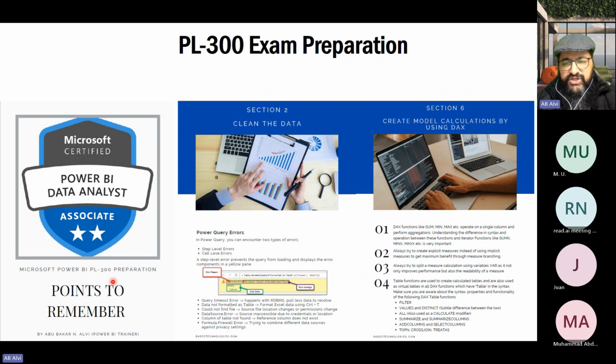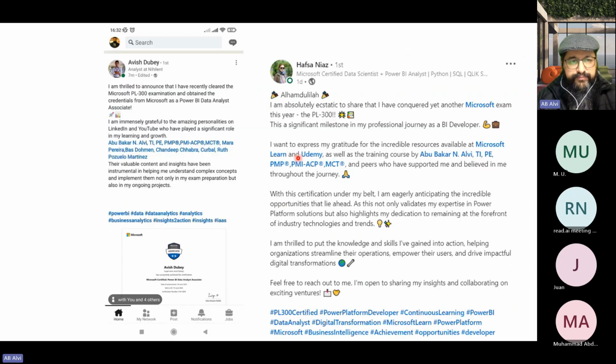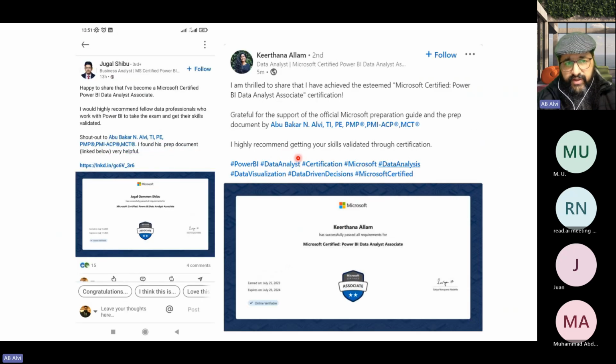It covers all the different sections and all the topics within them. It is 30-35 pages, and a lot of people have used this cheat sheet and recognized that it was very helpful in preparing for the exam. They cleared the exam, and they put the status on their LinkedIn.